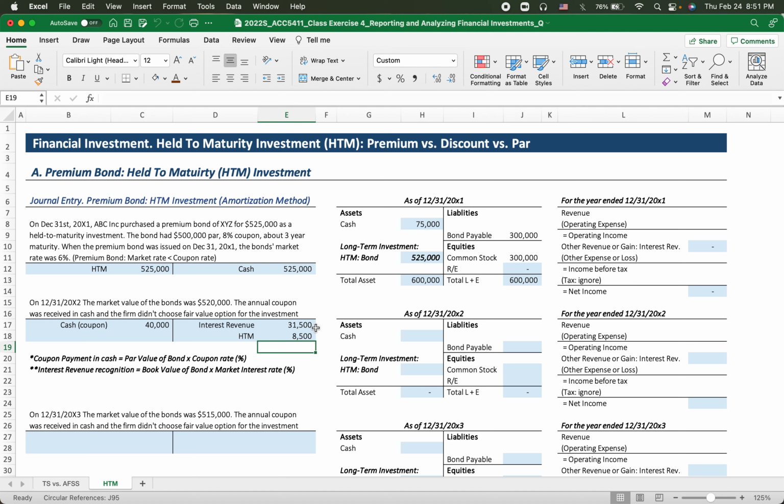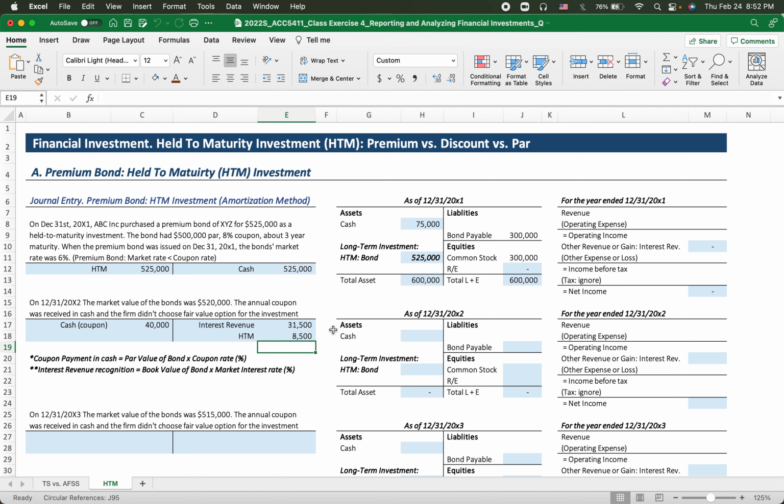When the bond issuer issued that bond, the coupon rate and the par value were already decided. They cannot change. It was bound with the fixed rate. Then the difference between the two reduces held to maturity, because the ABC Corporation, the investor, received greater cash than interest revenue.